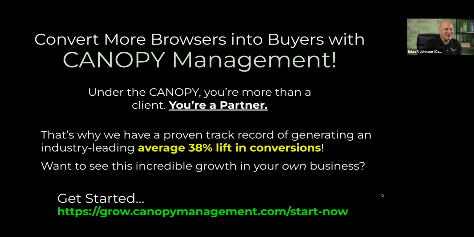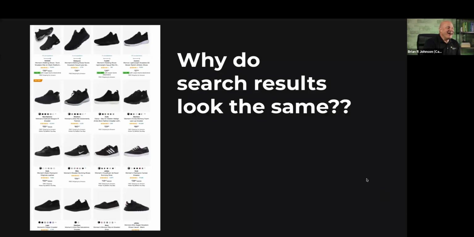All right, George, I'm glad you're here, buddy. So let's start out with framing the problem a little bit here, okay? Why do so many search results on Amazon look pretty much the same? Well, here's the answer. Copycats. There's a whole lot of courses and instructors, gurus, whatever you want to call them, out there. I look at it just from a positive.